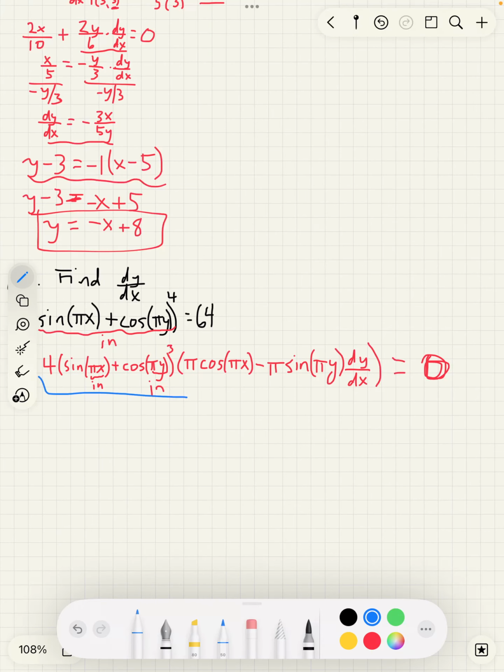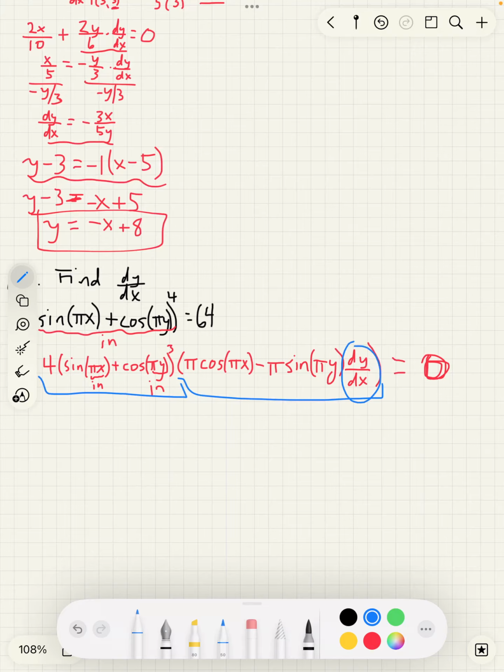Since dy dx is what I'm trying to solve for, I can just think of it this way: if I have a factored form of something and it's equal to 0, I can solve the equation by setting each factor equal to 0.